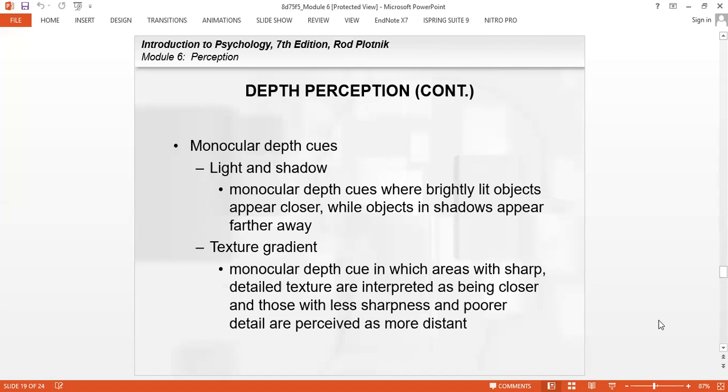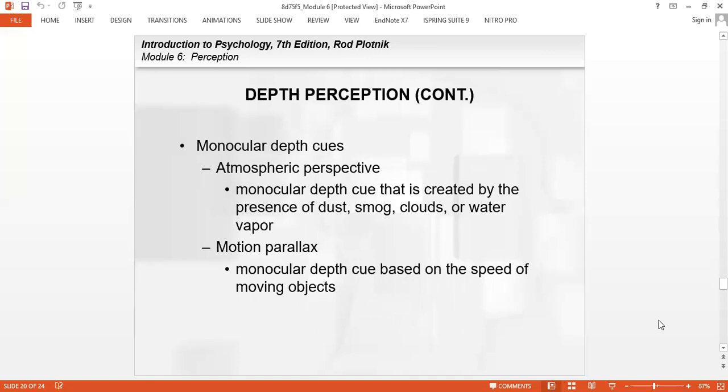Monocular depth cues, light and shadow: brightly lit objects appear closer while objects in shadows appear further away. Texture gradient: areas with sharp, detailed textures are interpreted as being closer, and those with less sharpness and poorer detail are perceived as more distant.